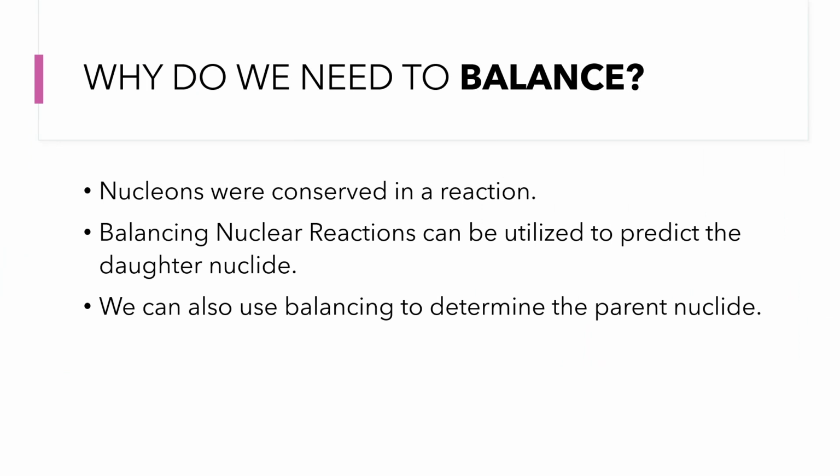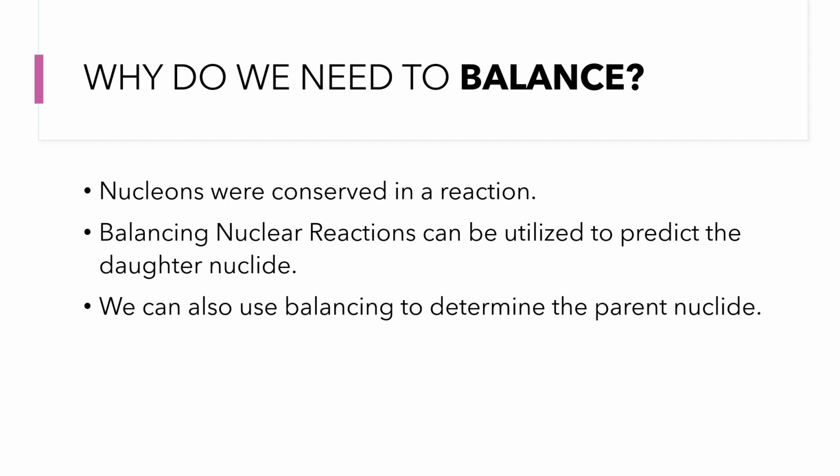Nucleons are conserved in a reaction. So, like the chemical reaction. A chemical reaction kasi, we assume that we take into consideration the conservation of mass. No atom was destroyed or created. So, before reaction, equal lang siya doon, the same lang siya with the after the reaction.